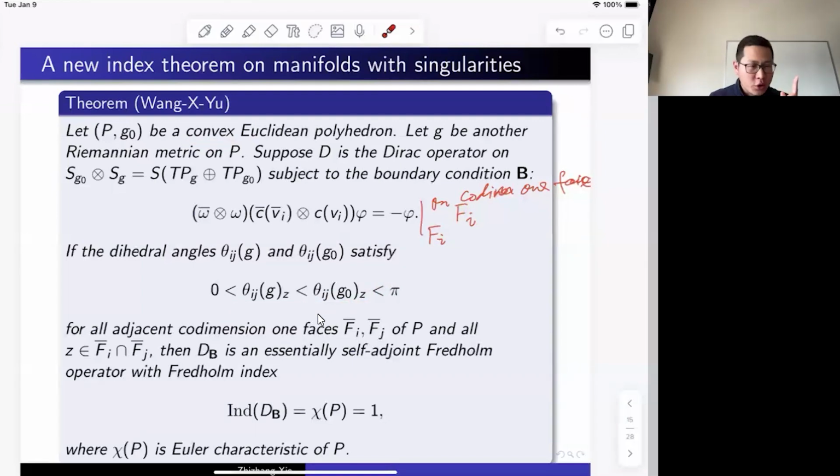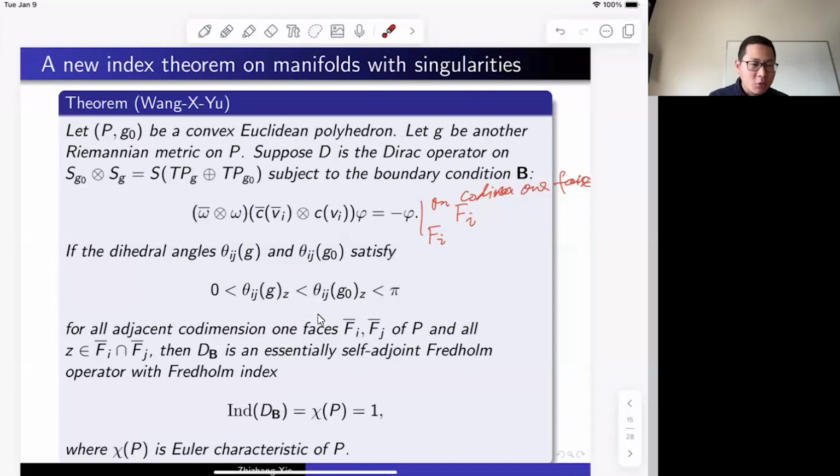Now, you might be thinking that the original conjecture of Gromov, the dihedral extremality and rigidity conjecture, does not assume strict inequality. We're assuming an inequality of less than or equal to. I will get to that point a little bit later.